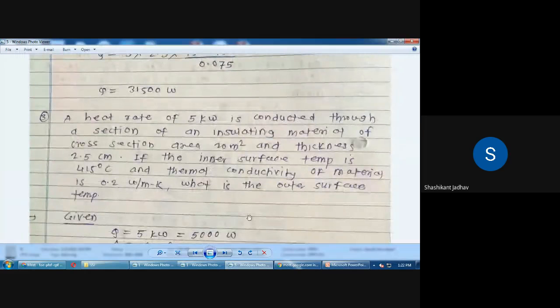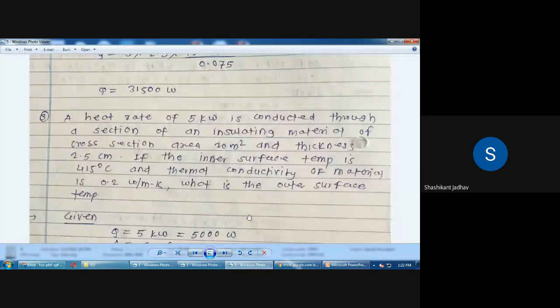Write down the next problem. Write down the third problem.